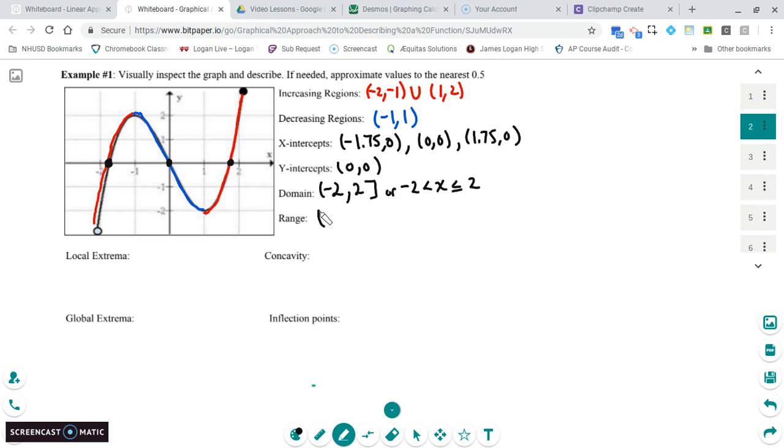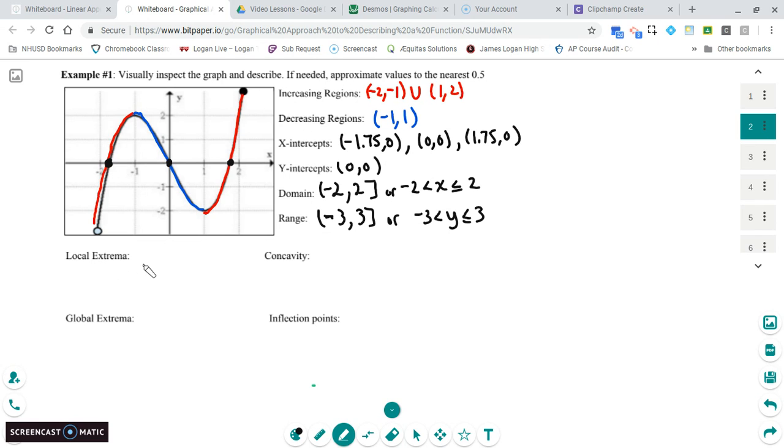So I would say the range is from -3 up to +3. -3 is not included, but +3 is. If you wanted to use inequalities, you would write it something like this, this time using the letter y. Okay, so either way.